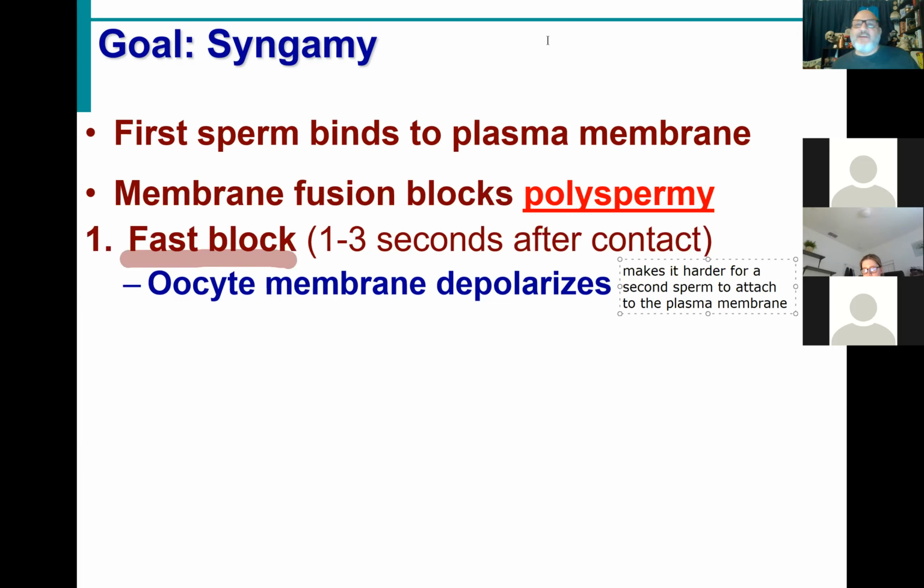And this depolarization also causes the release of calcium from the endoplasmic reticulum.